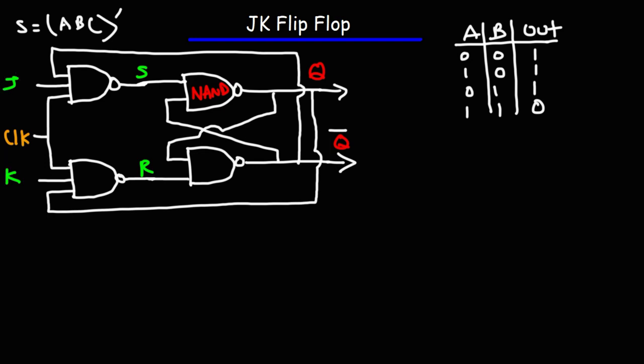We're going to push the clock button and press K. When we put an input of 1 to K, it's going to reset Q to 0. If we were to press the J button, it'll set Q to 1 if there's an active clock input.